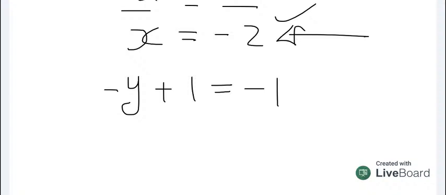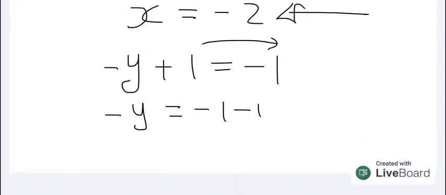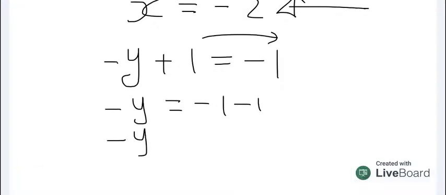Okay, for the fact that we see an equal sign, it means it is an equation. We have to make sure that letters are on one side, numbers on one side. So already I'm having that, which is equals to negative 1. This one goes to the other side, it changes a sign. Then you have your negative y, which is equals to negative 2.